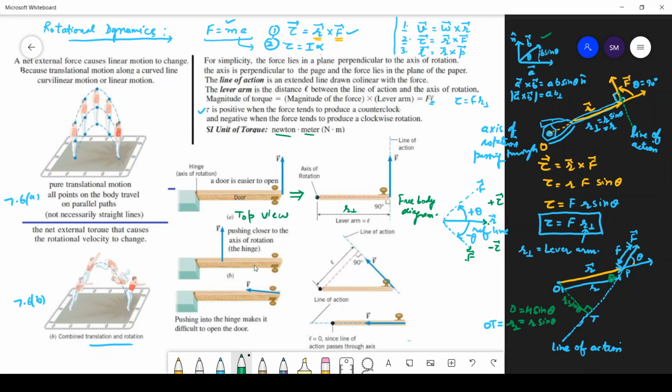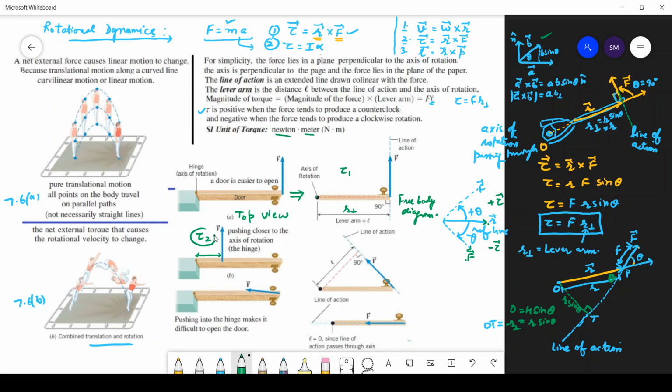Now what if you are pushing closer to the axis of rotation? Does it increase your lever arm or decrease your lever arm? Decrease. Suppose here the magnitude I am getting is tau 1, and here I get the magnitude tau 2.